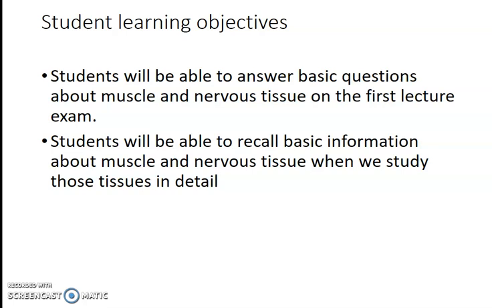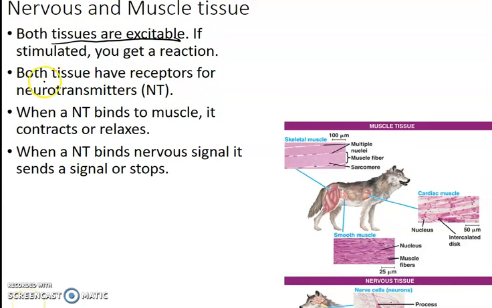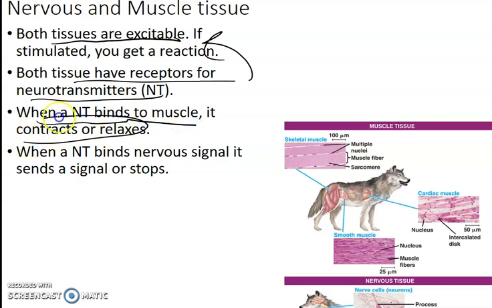So we're going to look at muscle and nervous tissue. There'll be one question. Both muscle and nervous tissue are excitable when you get stimulated. Both have receptors for neurotransmitters that excite it. When a neurotransmitter binds to a muscle, it contracts.